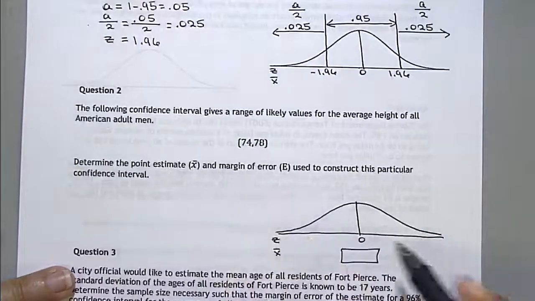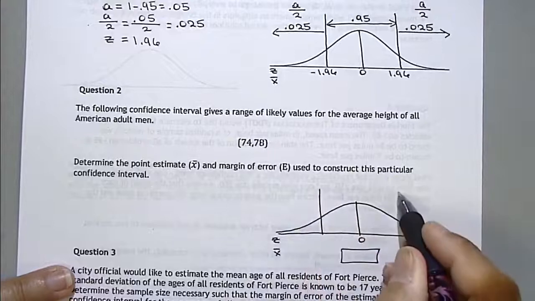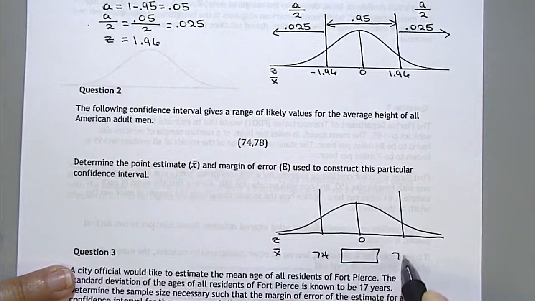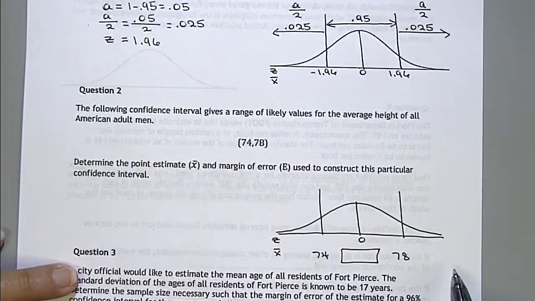So what it does tell us, though, is that the limits are 74 and 78, and we know that those are equal distance from the sample mean. What's the sample mean? 74, blank, 78. What's the blank? Yeah, 76. I mean, it's almost a common sense problem, isn't it?